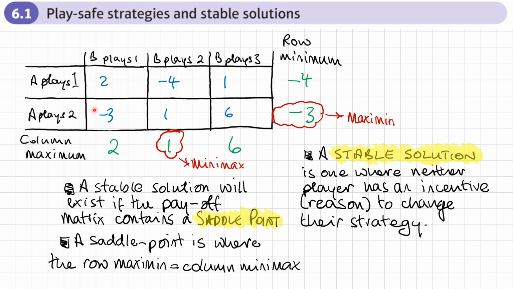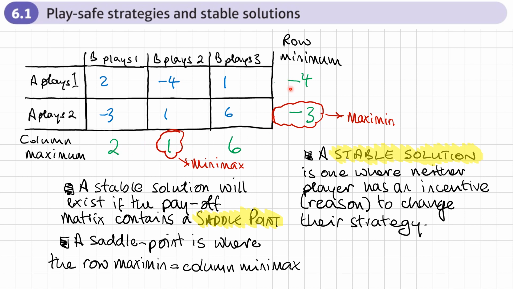And the saddle point is going to be one of these cells in the payoff matrix. And a saddle point is where we have a cell where the row maximin is equal to the column minimax. So the row maximin, this value here, is equal to the column minimax.